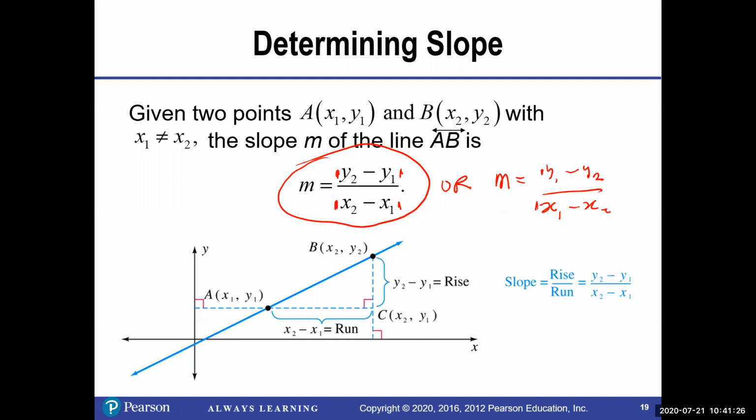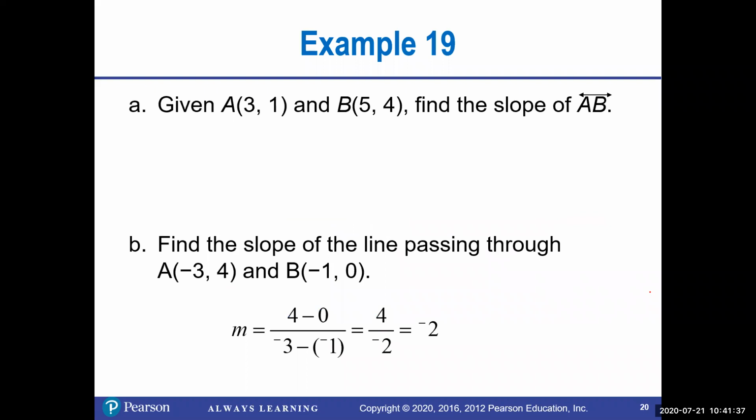So the slope is what? The rise, or the change in y over the change in x. And that is a measure of the steepness. So here, if we have this pair of coordinates, this is our x1, that is y1, x2, and y2.